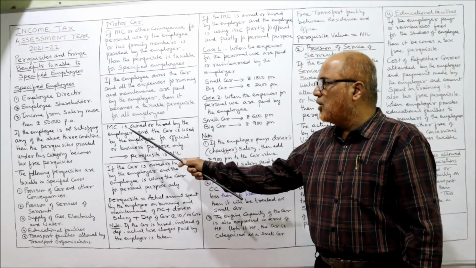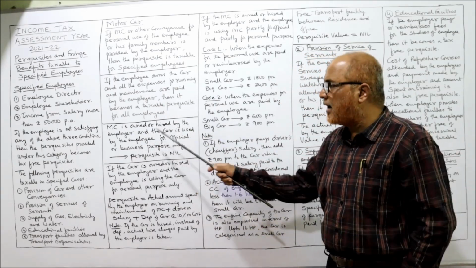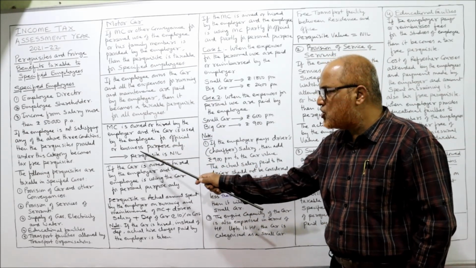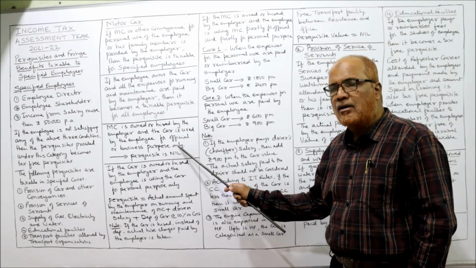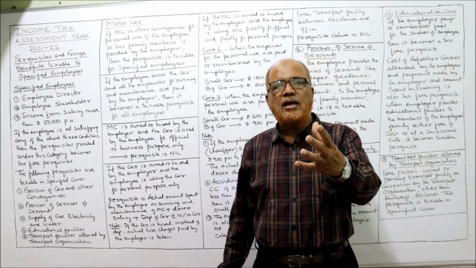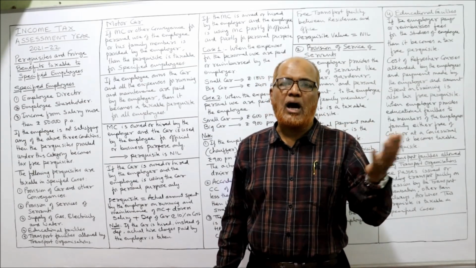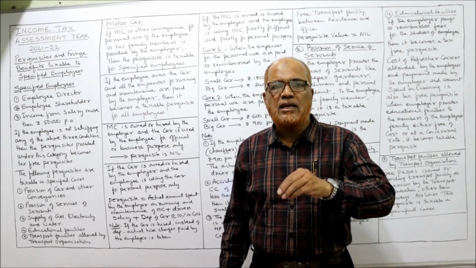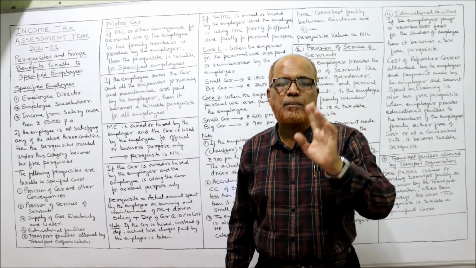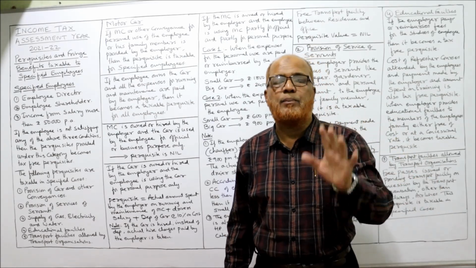That's it. Second, motor car is owned or hired by the employer and the car is used by the employee for official or business purpose only. Perquisite is nil. The motor car is owned or hired by the employer and given to the employee only for business purpose, only for official purpose.